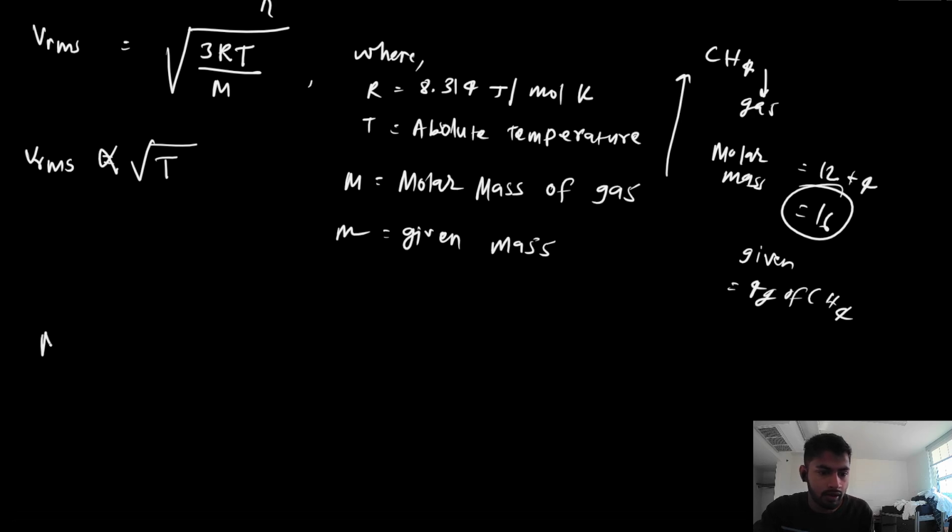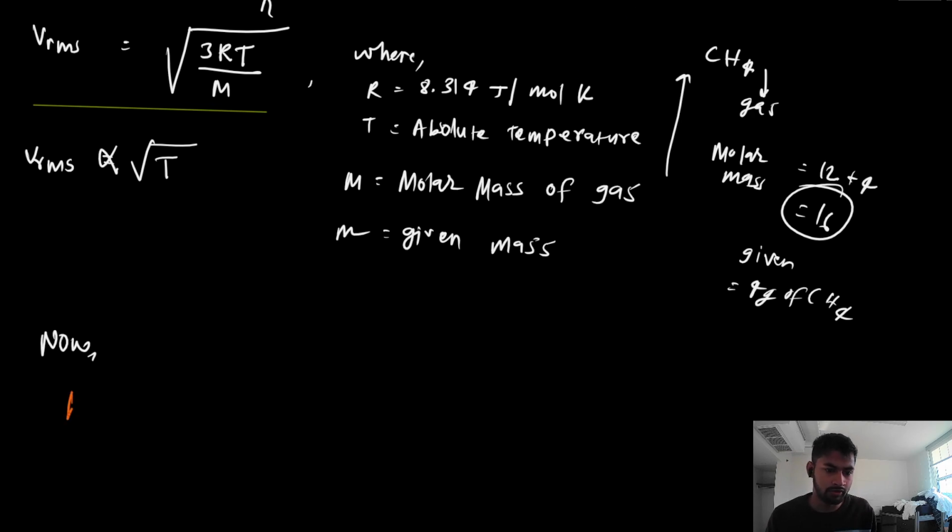Now, I would like to dive into how we compute this root mean squared velocity, and where this equation comes from. Let me change color.